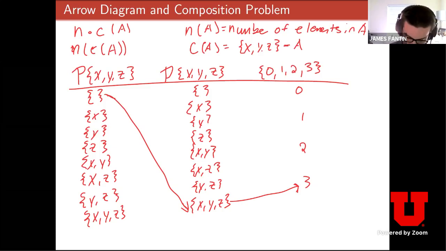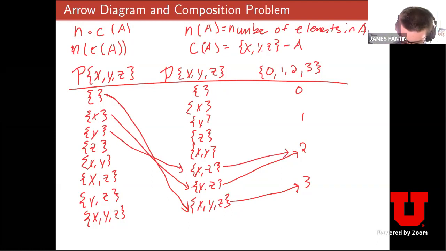All right, so if we continue finishing these, the set x will get mapped to the set containing yz, and this gets mapped to 2. y will get mapped to the set containing xz, and that'll get mapped to 2. z will get mapped to the set containing just xy.